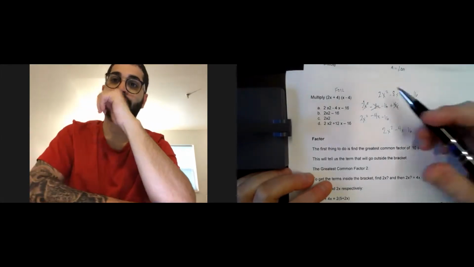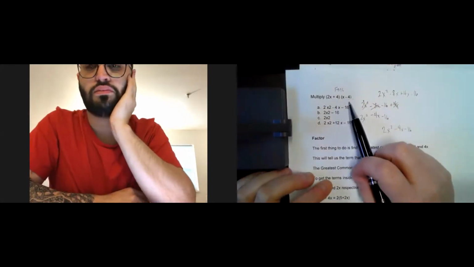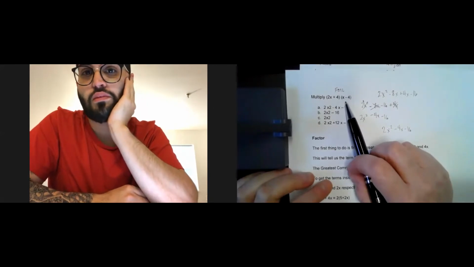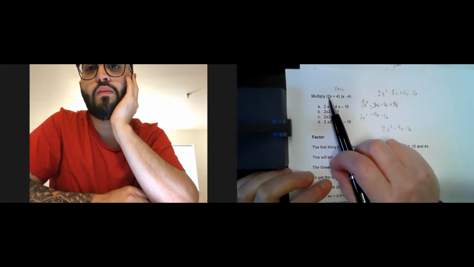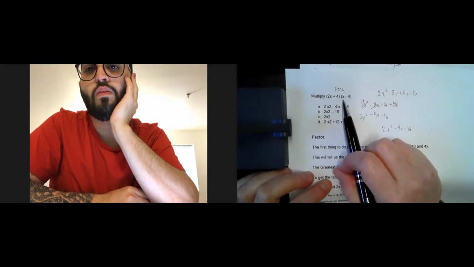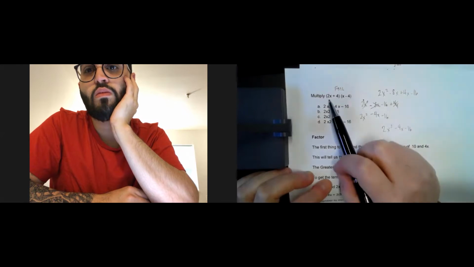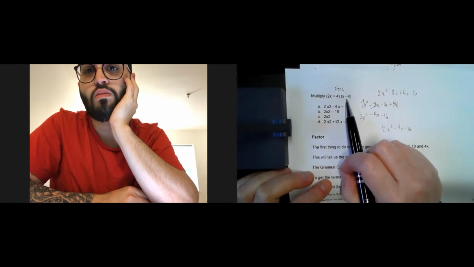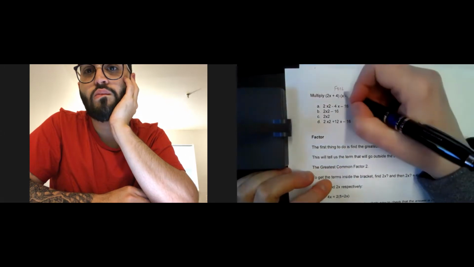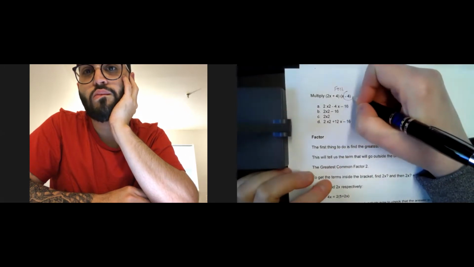Okay. And you just keep track of the signs when you're multiplying. So positive 2x times positive x is a positive 2x squared. The outside numbers, positive 2x times negative 4, because the sign always goes with the number following.